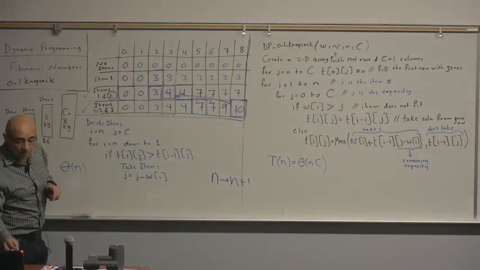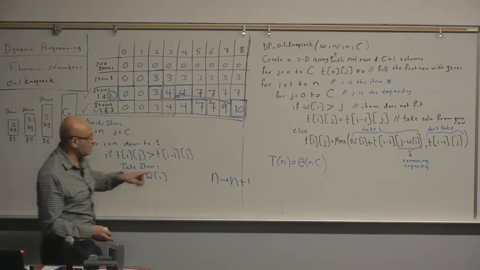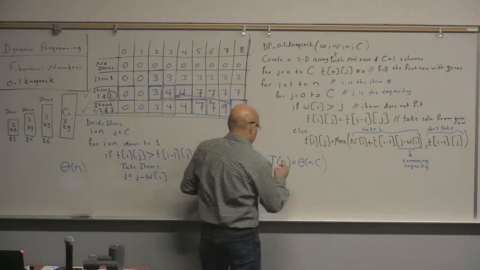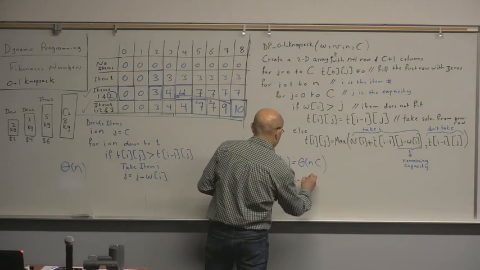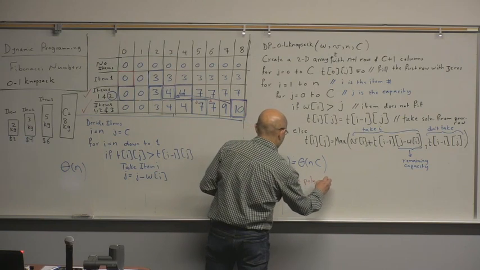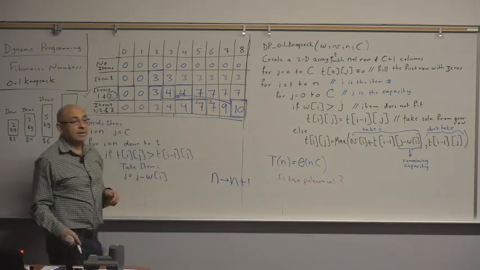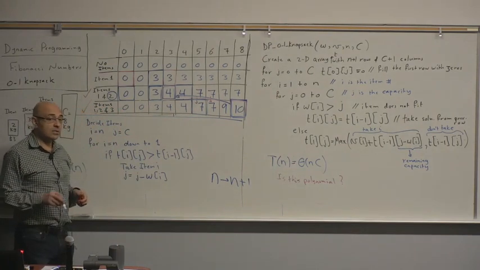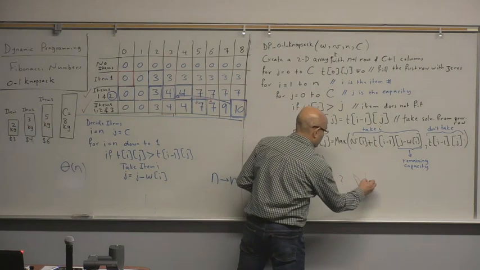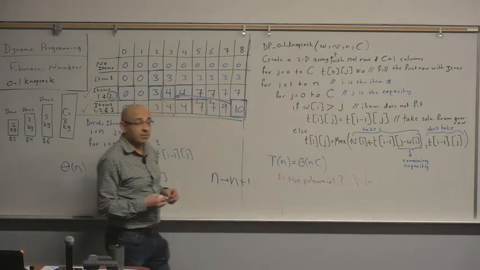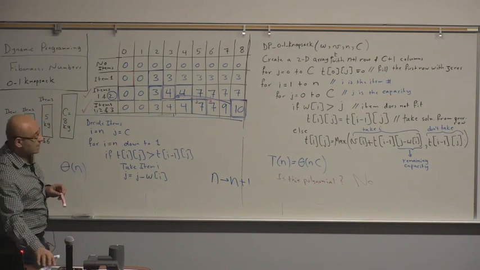Now, one important subtlety here is the question of whether this is polynomial or not. Is this polynomial? In fact, surprisingly, the answer is no. So this looks polynomial, but indeed it's not polynomial. Why isn't it polynomial?